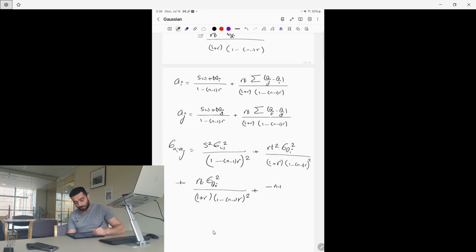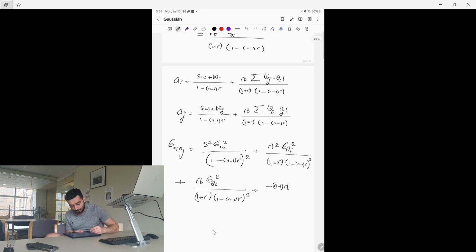minus n minus 1 rt, right? Minus n minus 1 rt over 1 plus r, minus n minus 1 rt over 1 plus r times 1 minus n minus 1 r times rt, only one of them, 1 plus r 1 minus r I squared.